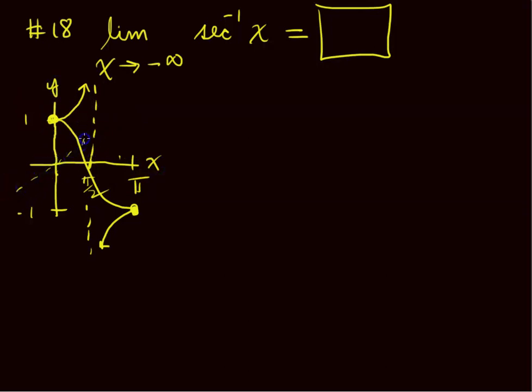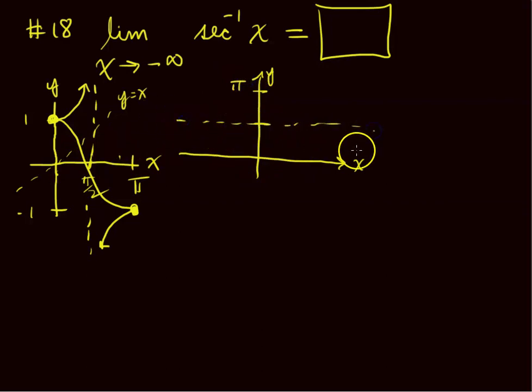So you flip it through this y equals x line, and you can either do that physically or just say, okay, now I know that instead of everything to the right of the y-axis, I have everything above the x-axis. This goes from 0 to pi, so on my y it's 0 to pi. Halfway between is my asymptote, now horizontal instead of vertical.